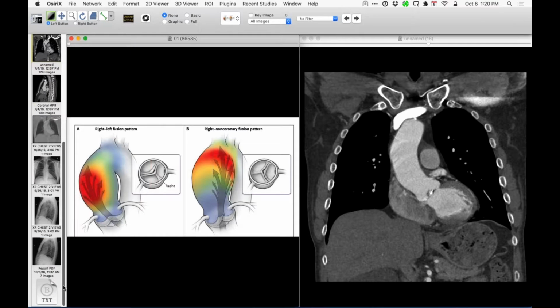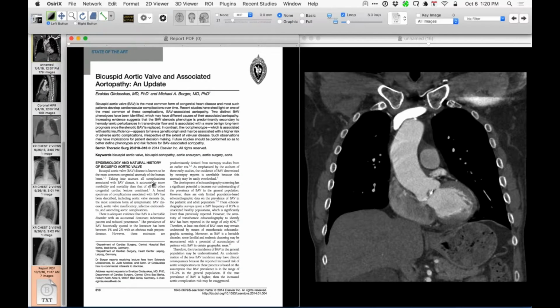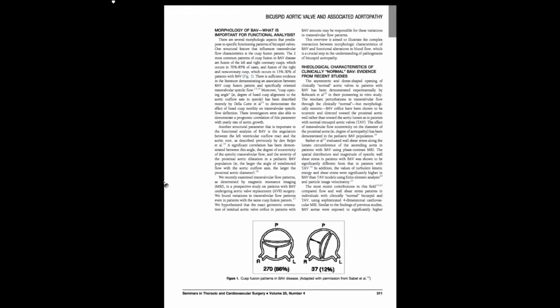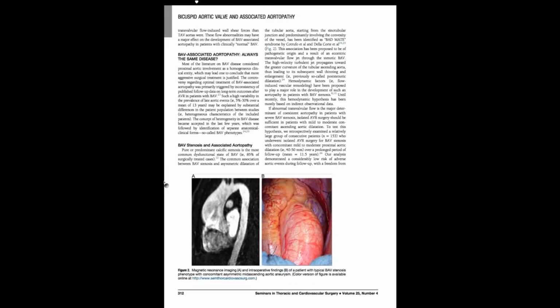And then other people more recently have talked more about the notion of bicuspid aortopathy. So the idea being that, and these people do talk about the fusion patterns, but they make a distinction between dilatation of the aortic root as opposed to the ascending aorta. So this one over here is an example of the one I just showed you.